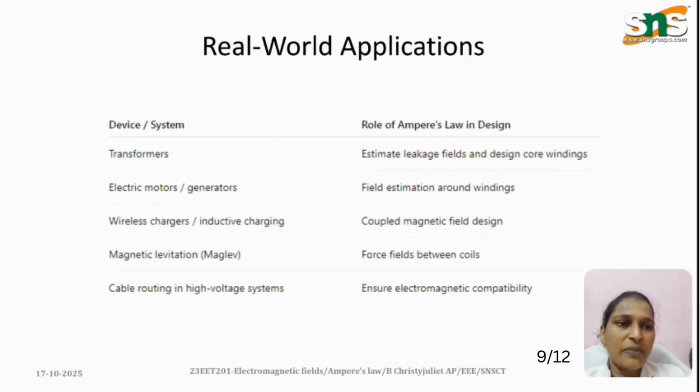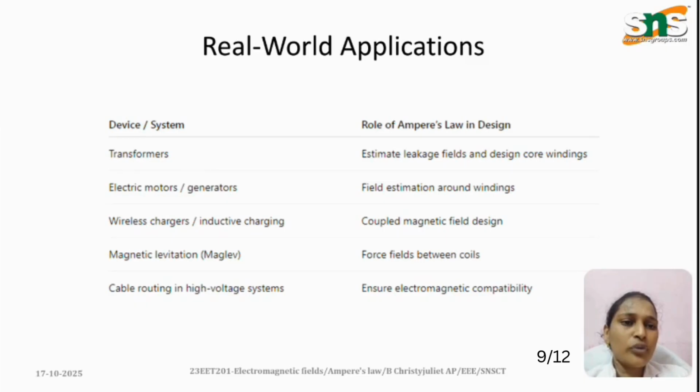These are the real world applications in which we can find Ampere's law playing a role in design: transformer design, electric motor design, wireless chargers, magnetic levitation trains, cable routing in high voltage systems, and even more.